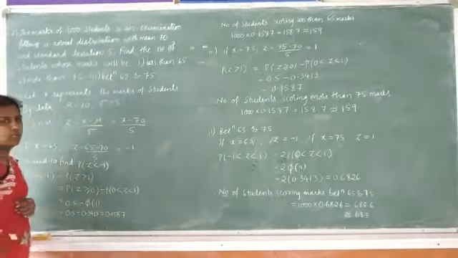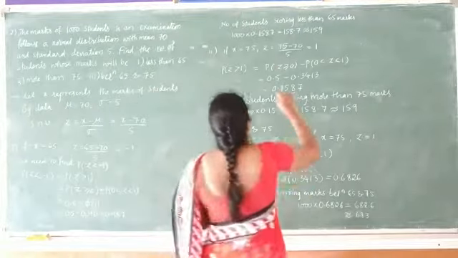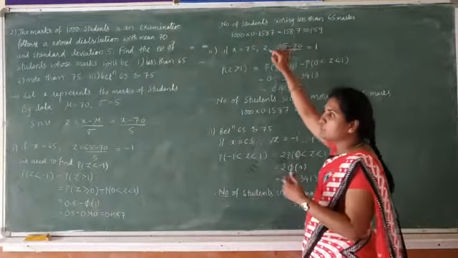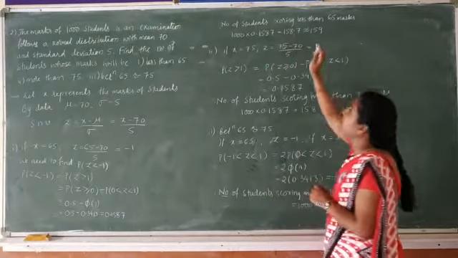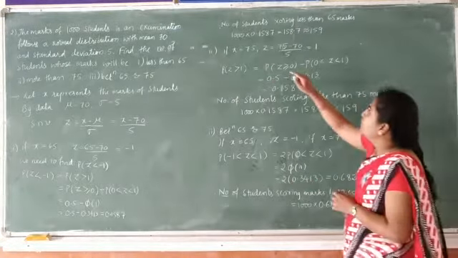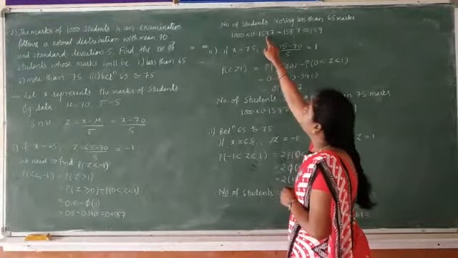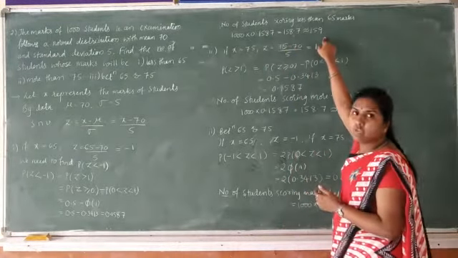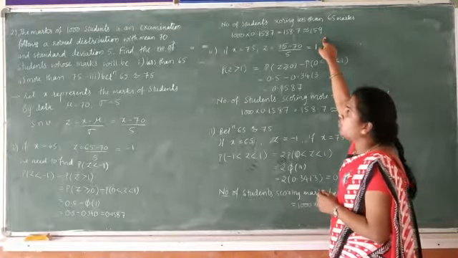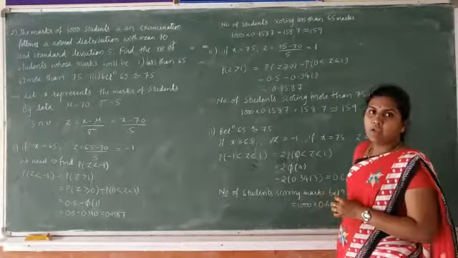Now we need to find out of those 1000 students how many scored less than 65. That is 1000 into 0.1587, that is 158.7, or nearly 159 students scored less than 65 marks.